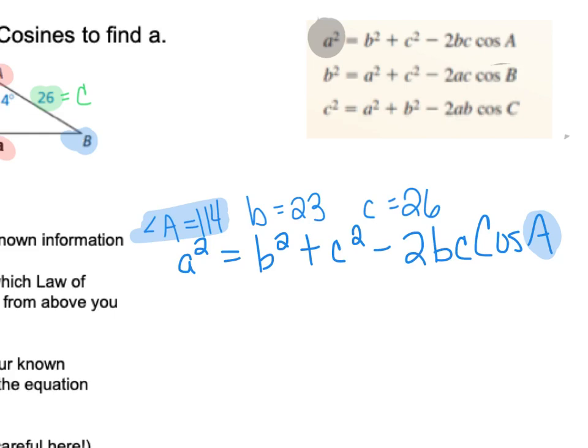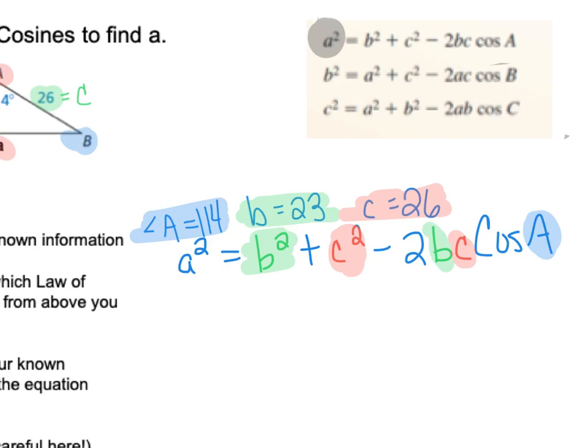And then I also know that, let's see here, 23 is B. So anywhere I see a B, I can put a 23 in there. And then anywhere that I see the letter C, I can take that out and I can put 26 in its place. And as you can see, the only thing I'm going to be left with is a squared, which is on the left side all by itself.